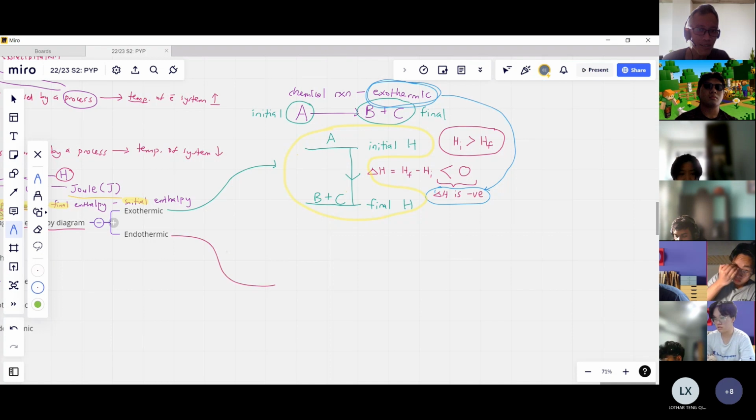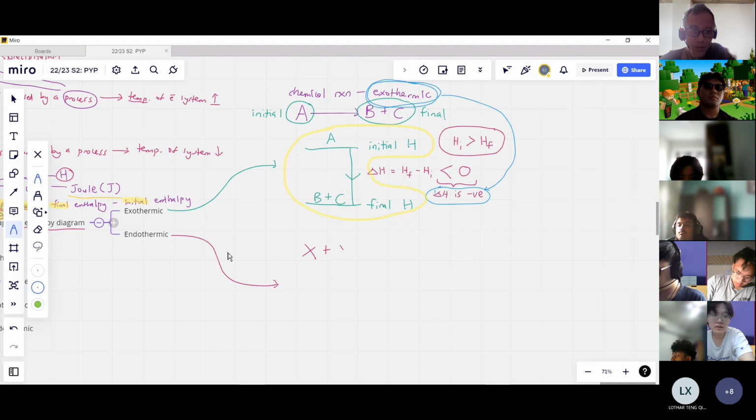Let's have another chemical reaction. So let's say X plus Y gives you Z, and you know that this is an endothermic chemical reaction. We assume it's a chemical reaction here.